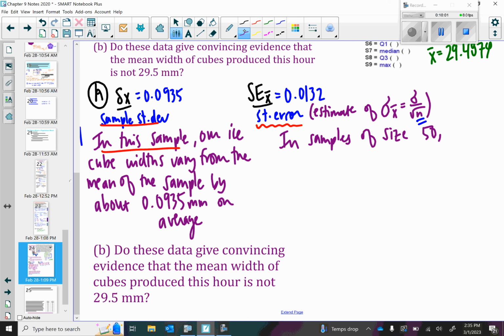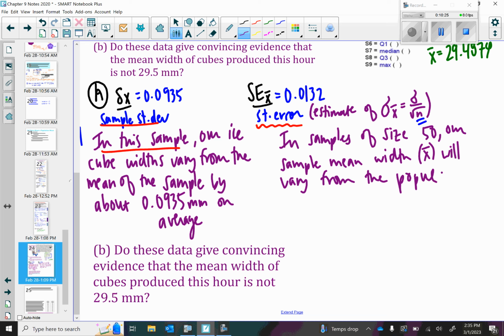So in samples of size 50, our sample mean, our x bar, will vary from the population mean, which is mu, by about 0.0132 millimeters on average.